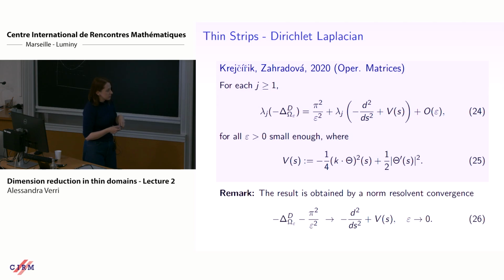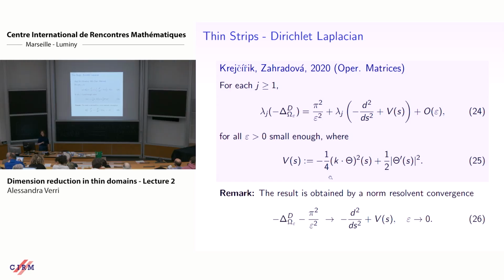On the other hand, if you have a strip which is purely bent, this term is equal to 0, then we have an attractive potential, and so we can assure the existence of discrete eigenvalues. So the bend effect creates discrete eigenvalues, and the twisted effect doesn't.